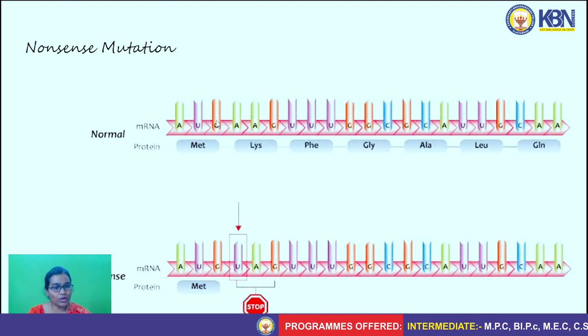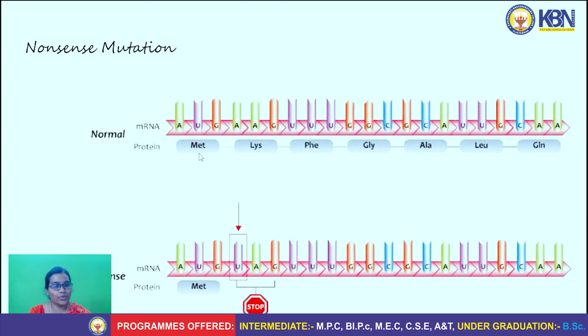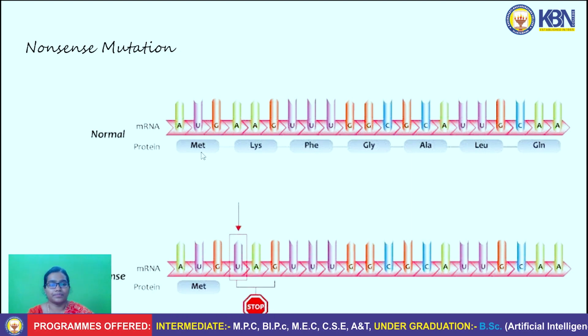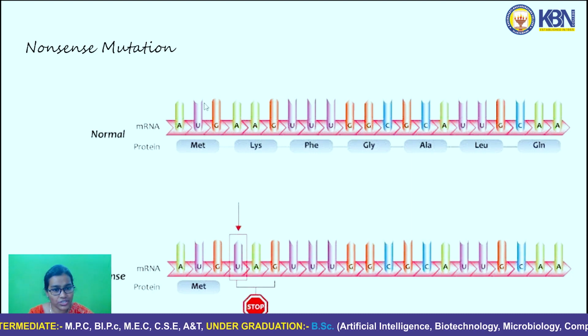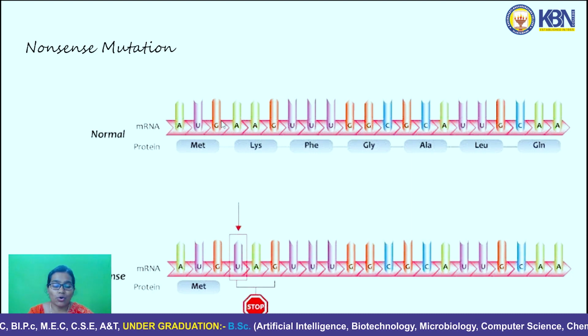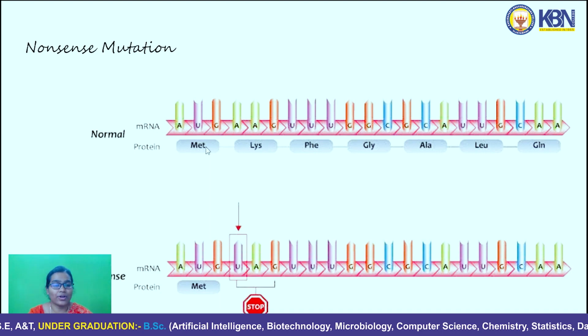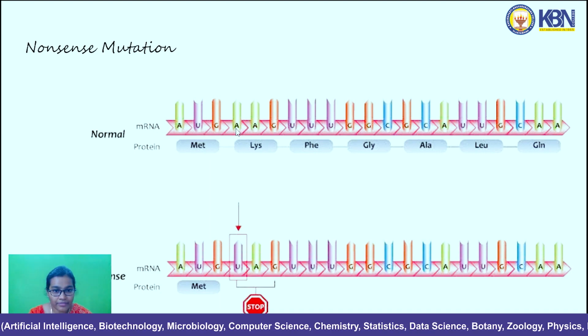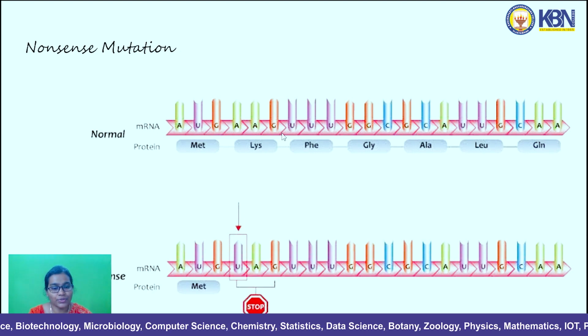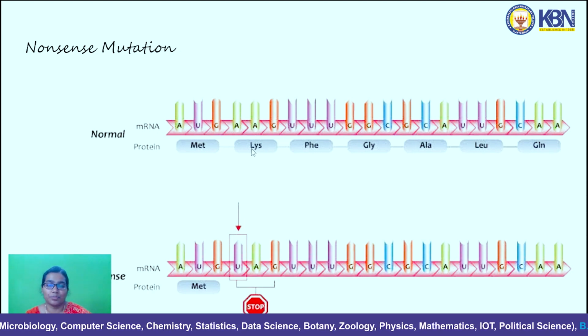Every 3 nucleotides is a codon, and each codon codes for one amino acid. If one nucleotide is changed, the complete codon is changed and the amino acid is also changed. Consider this, we have AAG, which codes for LYS amino acid.